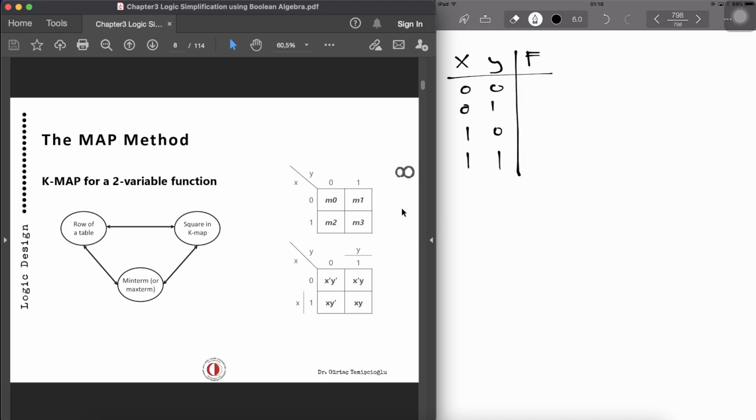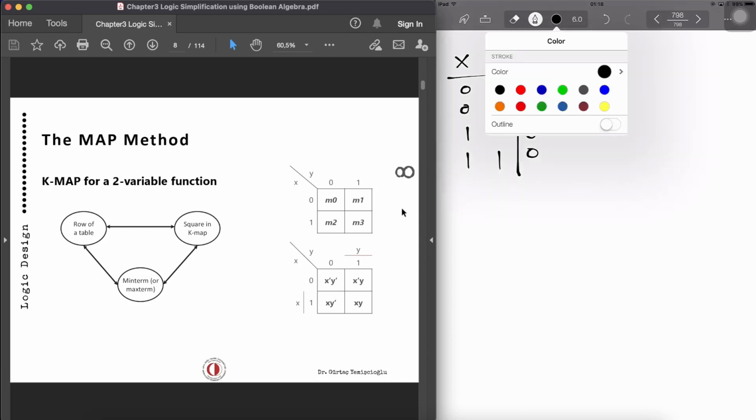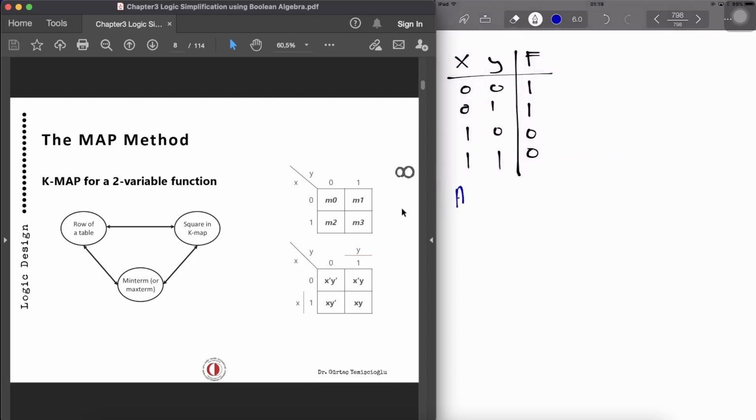I'm just giving random outputs over here: 1, 1, 0, 0. It can be any function. Now let's try this with algebraic manipulation. I'm going to use dark blue for algebraic manipulation without the map.